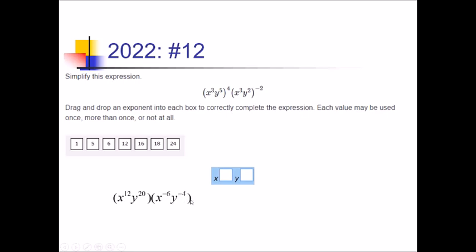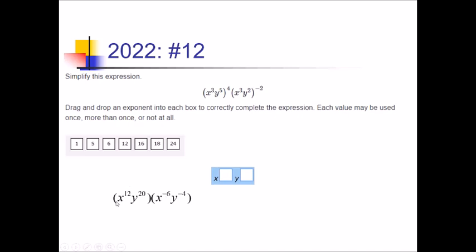Now, normally I would say we're going to turn these negative exponents into 1 over each of these things to a positive exponent, but before we bother doing all that, let's just multiply all this together and see if the negatives take care of themselves. When I'm multiplying bases together, the exponents get added together.